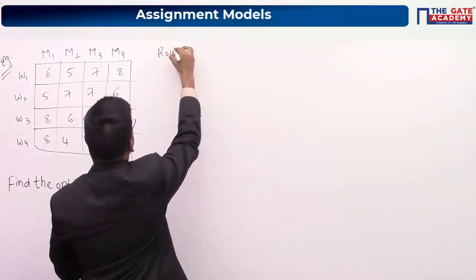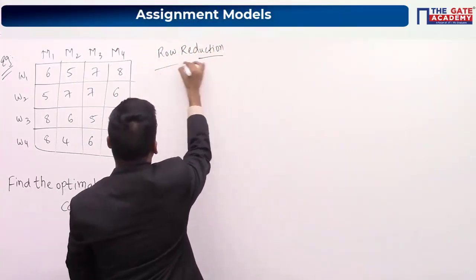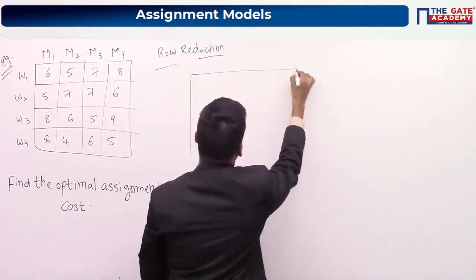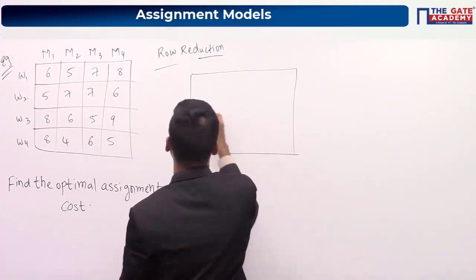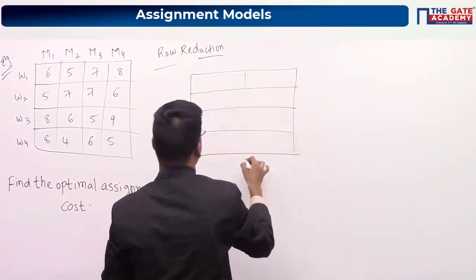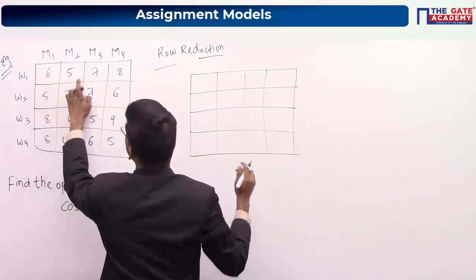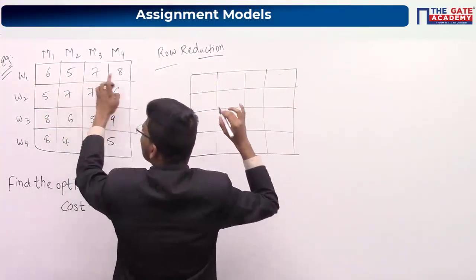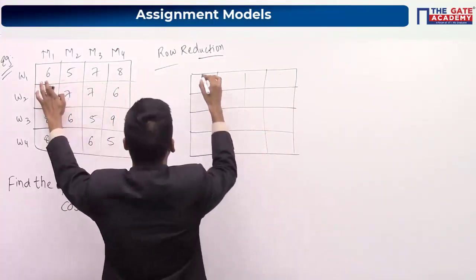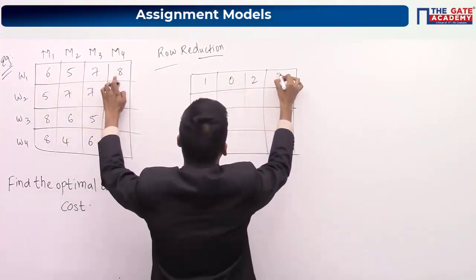So the first step is your row reduction. What we have to do in the row reduction? You have to take the minimum element from each row and subtract that minimum element from the respective row. What is the minimum here? It is 5. So subtract this minimum element from all other elements. So this will be 1, 0, 2 and 3.